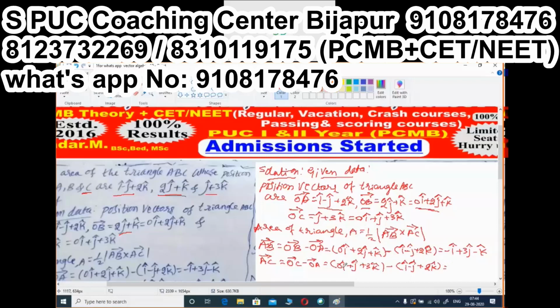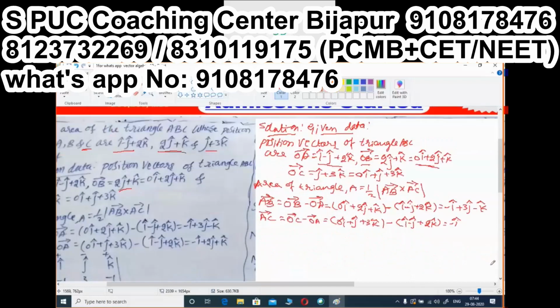So 0 minus 1, that is minus i cap. Next 2j cap, that is j cap plus j cap, total it will be 2j cap. Next 3k cap minus 2k cap, so that is going to remain plus k cap. Okay, this is AC vector.